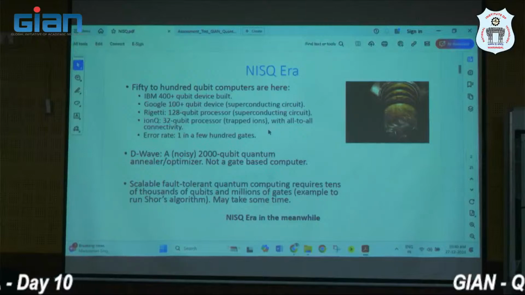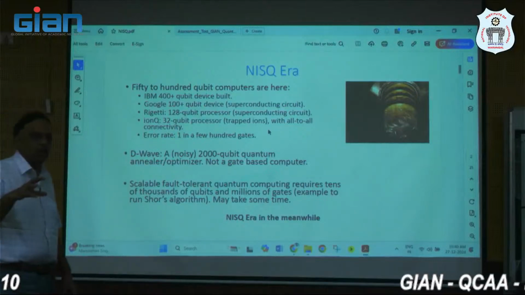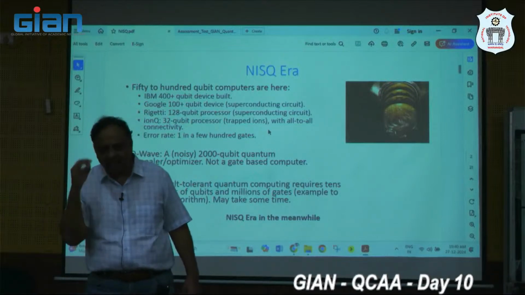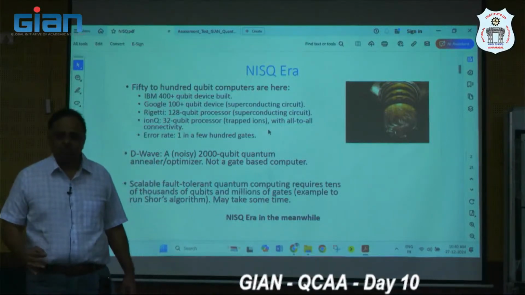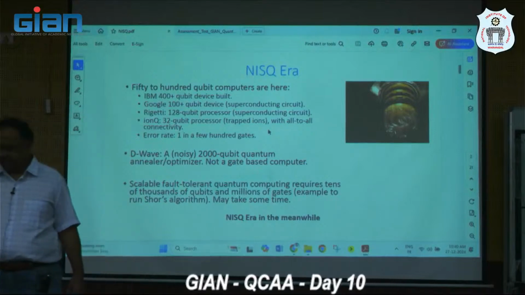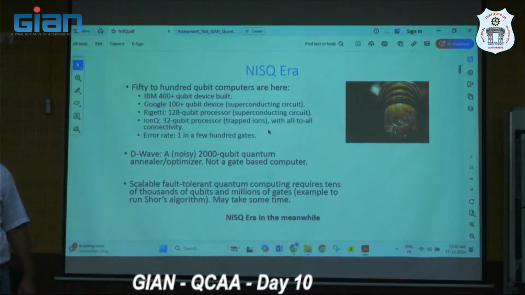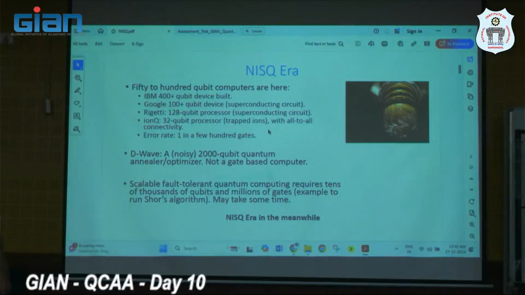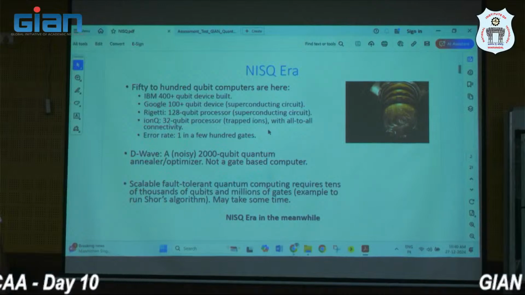The point is, in classical computing, they don't use so much error correction. You know why? Because the hardware itself is so good, right? The chips have millions and billions of transistors in very small space, but all those transistors are very, very good. They have very high fidelity. They don't fail.